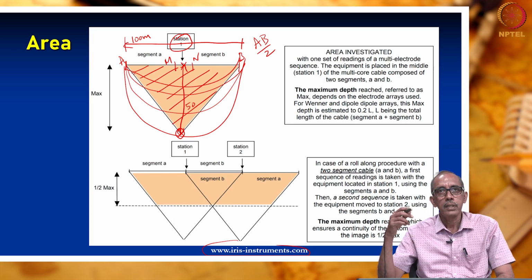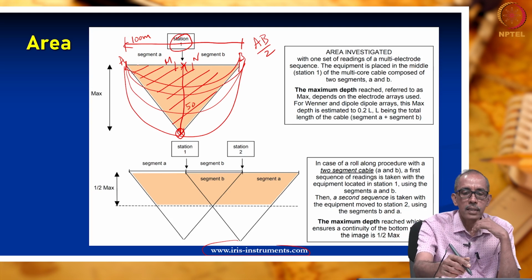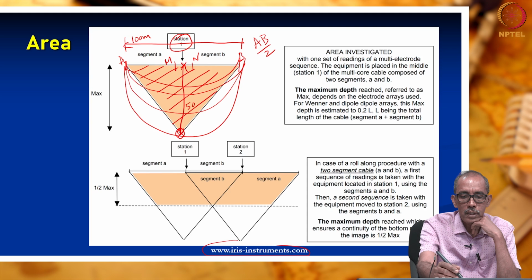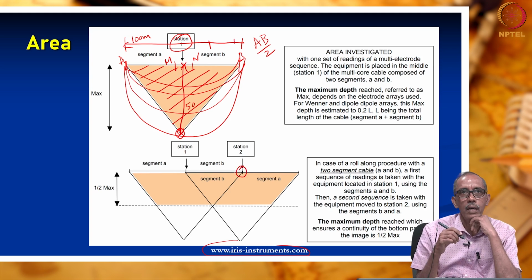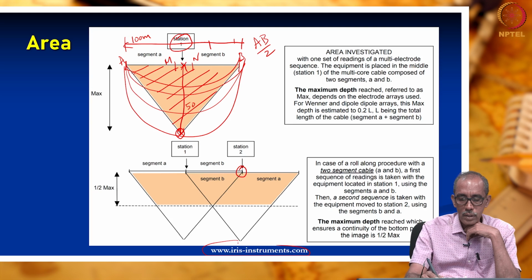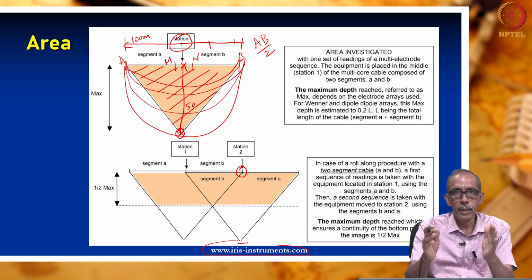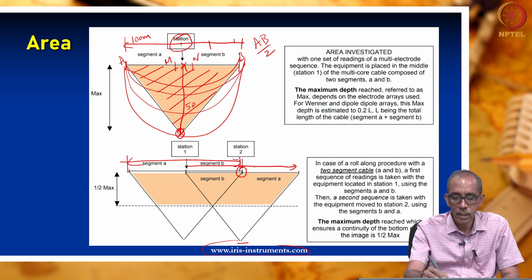Suppose you want to investigate more area, what we are doing is just shifting the electrodes. This was station 1, we need to have investigation carried out at a number of stations. So, now this is the next station. When you carry out the survey at the next station, the current goes up to this, with the same electrode spacing. This was initially 100, and now for the new station 2, the next line of investigation is also 100.